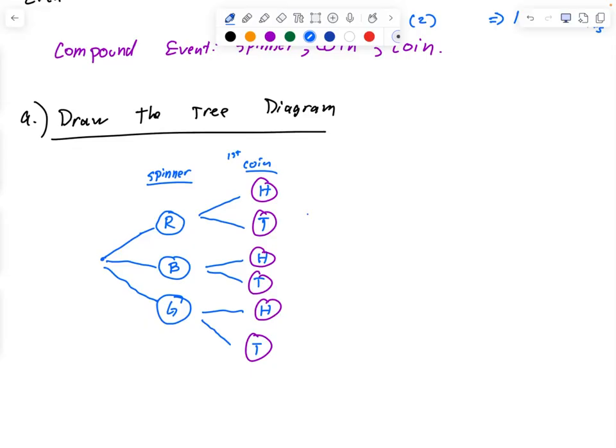Now, don't worry, on your homework, one of them has 9 outcomes in the end. One of them has 8. One of them is you're going to flip a coin 3 times. So, 2, 2, and 2. 2 times 2 times 2, which is 8.